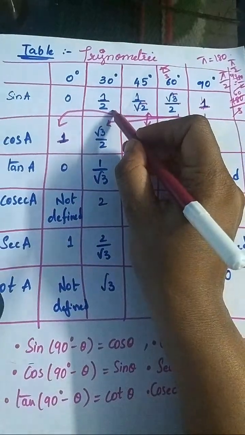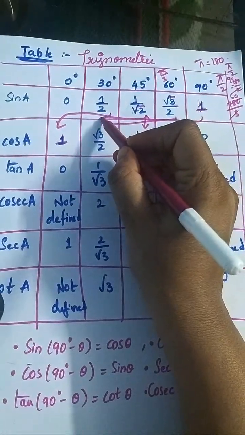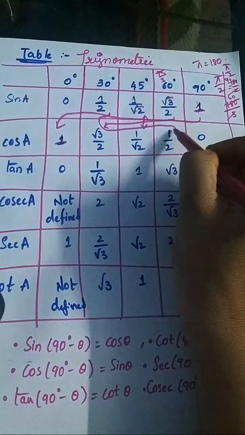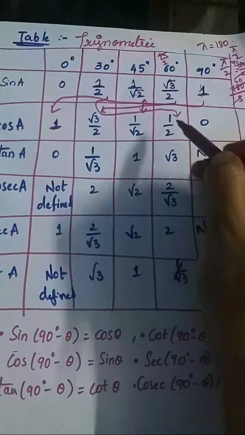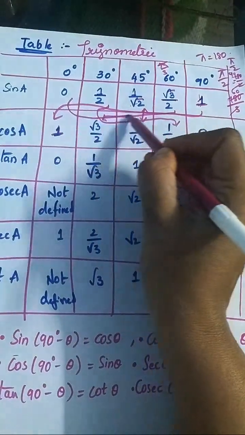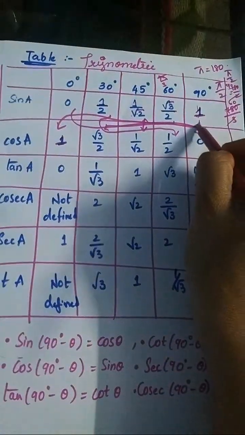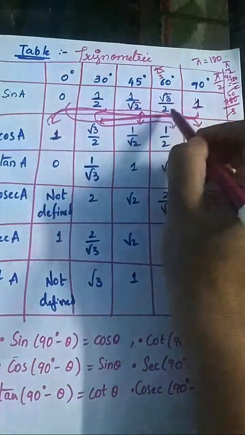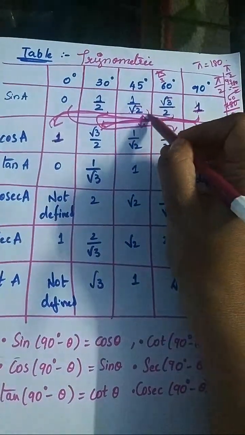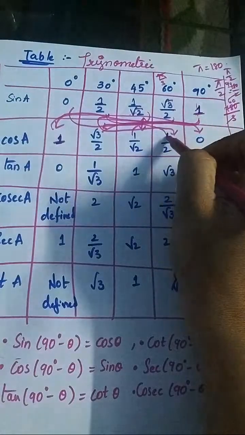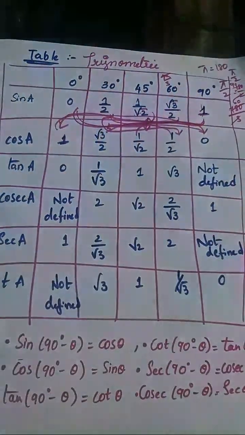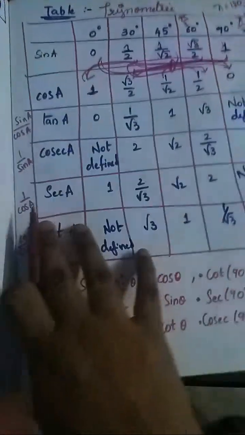And this one comes to last but one, second place. And 0 here. Reverse order we have to write: this one here, this one here, this one here, this one here, and this one here. Easy, no children?